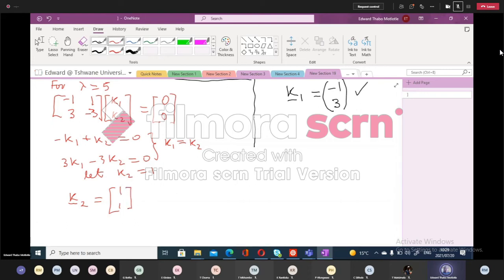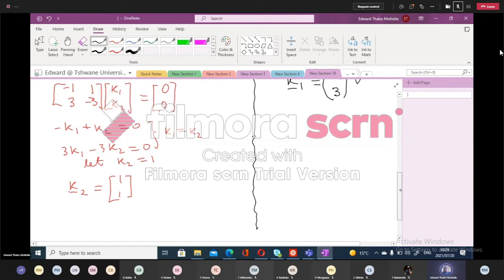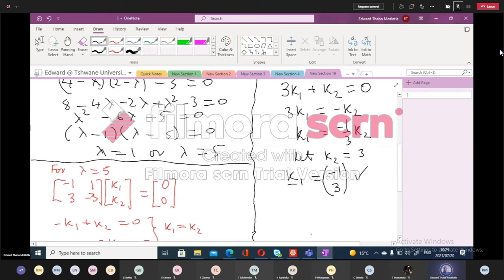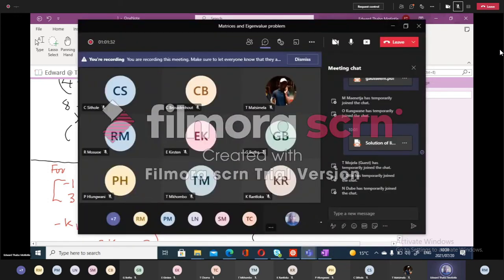So now we have managed to solve this system. We have determined the eigenvalues and the eigenvectors. Any question up to this point?